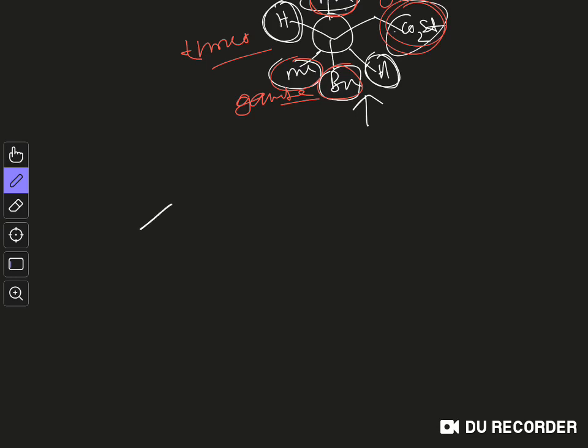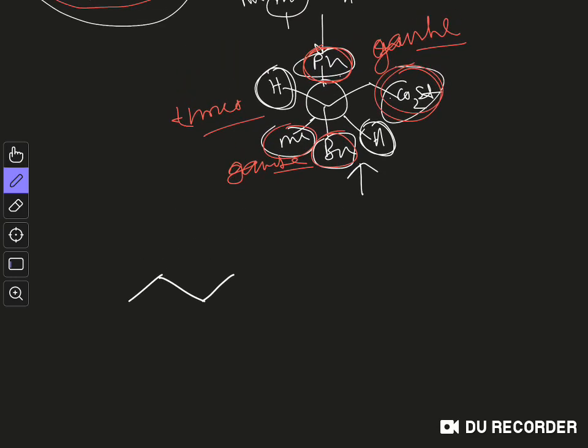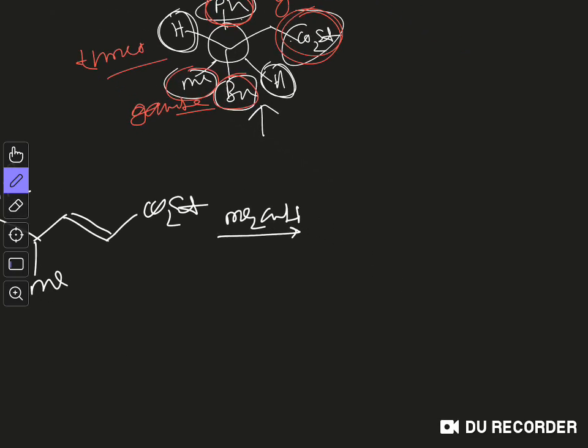Let's say you have this thing, we have this CO2Et over here, and here we have this trans geometry. Here you have methyl, but now the group is different. Previously we had phenyl, now we have some silyl group. Okay, so here if you add, let's say, Me2CuLi, what will we get?